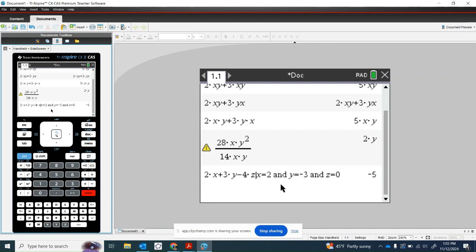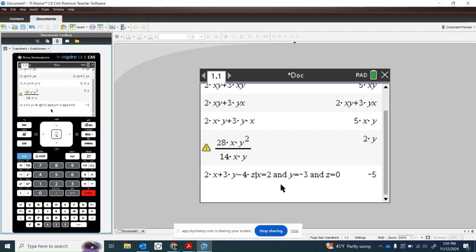And it will go and plug that in. So 2 times 2 is 4. 3 times -3 is -9. 4 minus 9 is -5. And then minus 4 times 0 is still -5. So that's kind of fun.